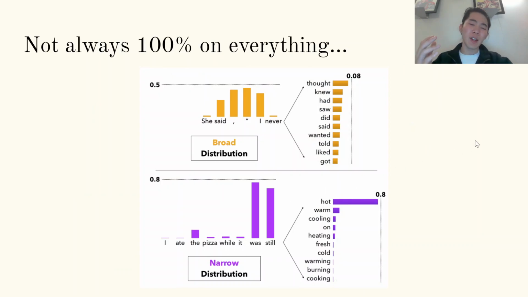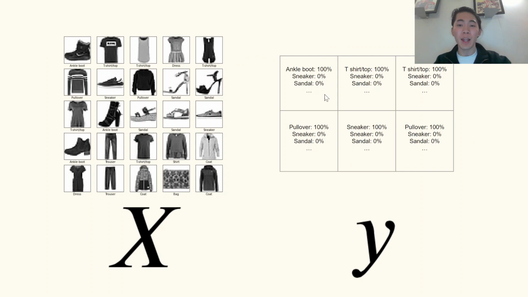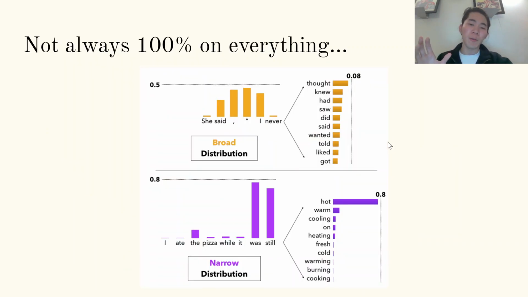And it's not always the case that you have 100% and 0% everywhere else, because if you take the English language, you don't just have one correct answer when it comes to the classification. So if you have an English sentence that starts with 'she said, comma, quote, I never,' and you want to predict the probability of the next word, these might be the most likely words that follow this sequence of words.